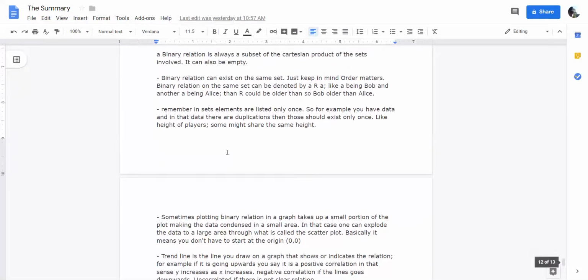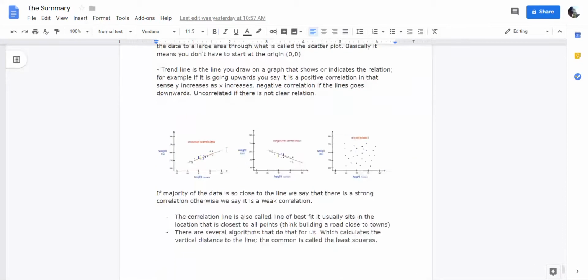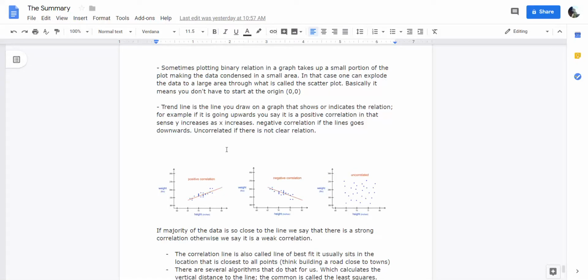And sometimes when you plot a graph, you might end up having the data points condensed or mostly located in a small area within the graph. Something to consider here is that you could expand that area by getting rid of the origin points and starting off from a number that really makes sense.